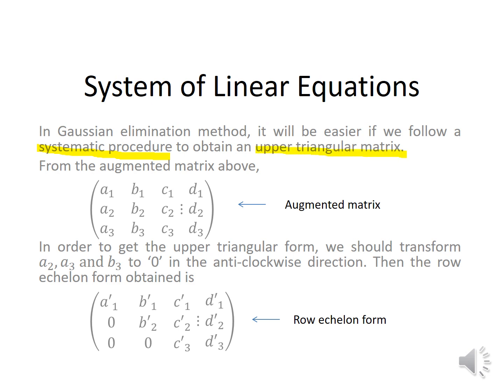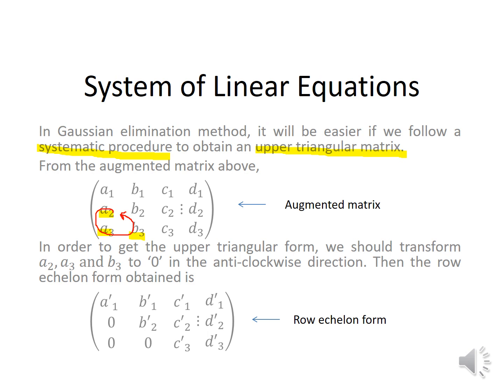From the augmented matrix, in order to get the upper triangular form, we should transform A2, A3, and B3 to 0 in the anti-clockwise direction. So this is the anti-clockwise direction: A2 first, and then A3, and the last one B3.